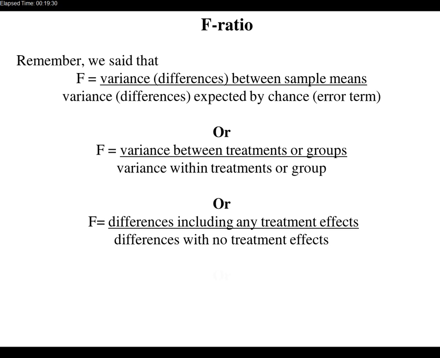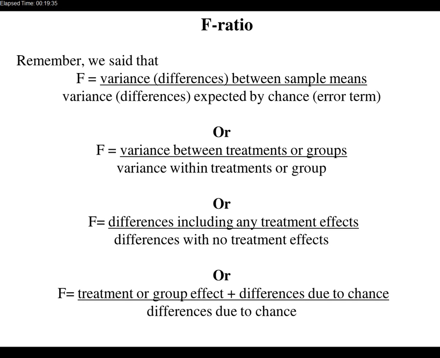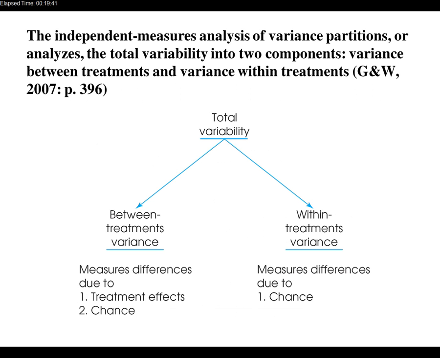You getting the gist of this? Or F equals the treatment or group effect plus the differences due to chance divided by the differences due to chance. So let's take a look at what I mean here. The independent measures analysis of variance partitions, or analyzes, the total variability into two components: variance between treatments and variance within treatments. Think of those three groups again.